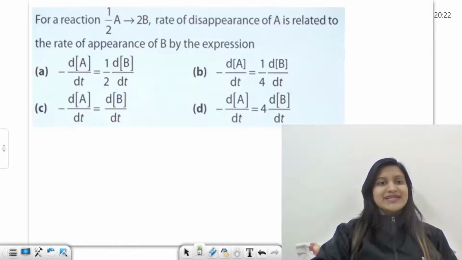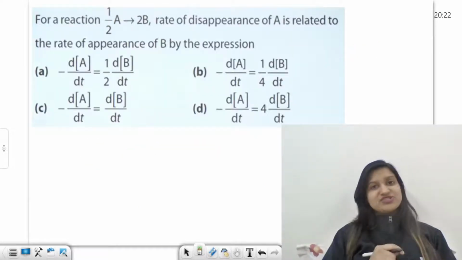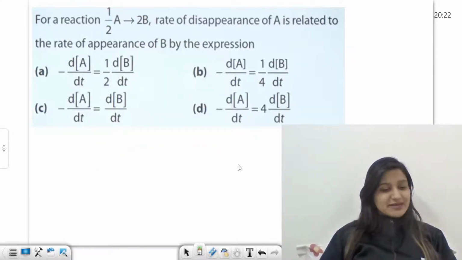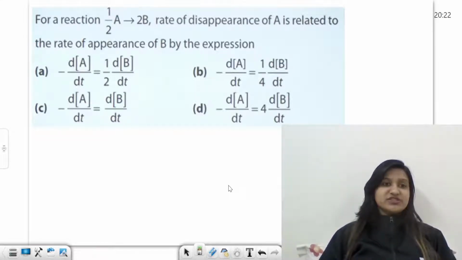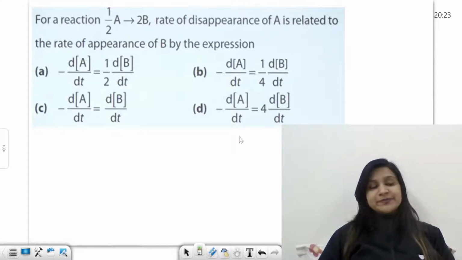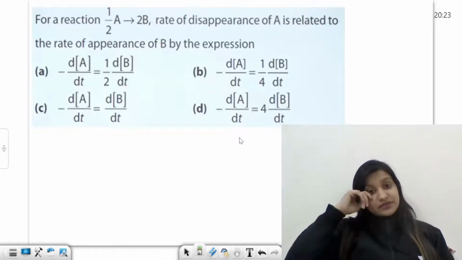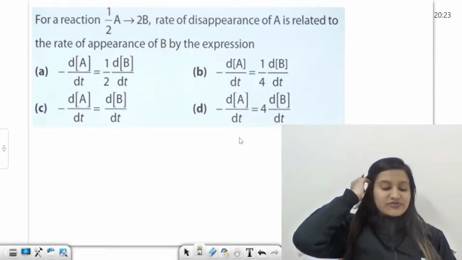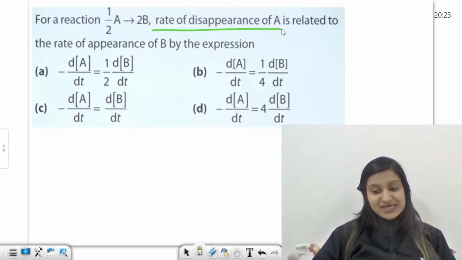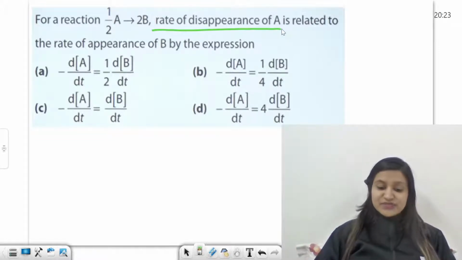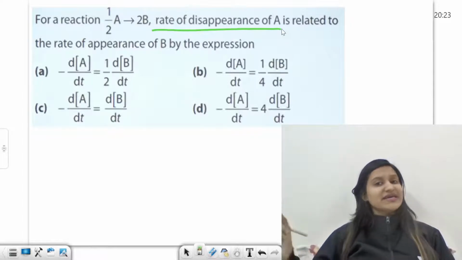So let's do some questions now. For a reaction, half A gives us 2B. We have been asked how the rate of disappearance of A is related to the rate of appearance of B by the expression.